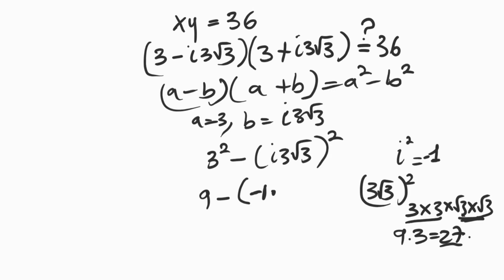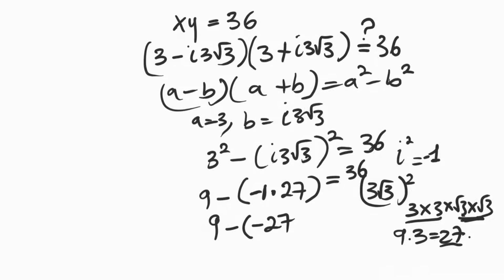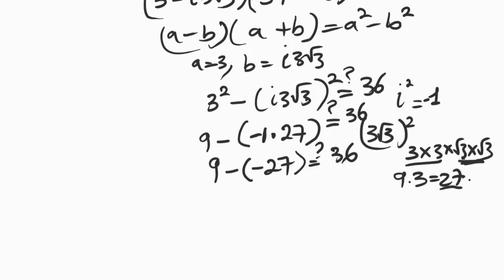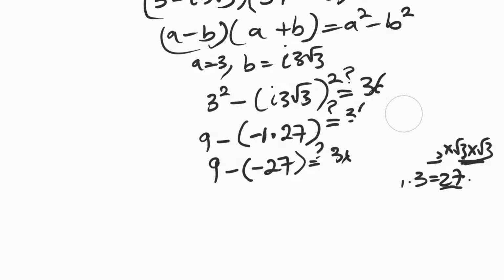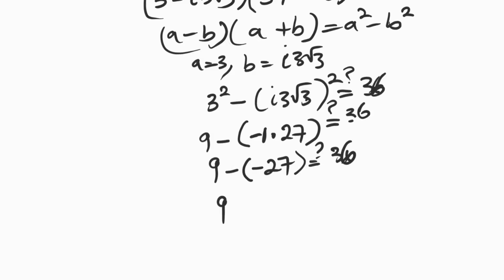So now we have 9 minus minus 27, which is 9 plus 27.